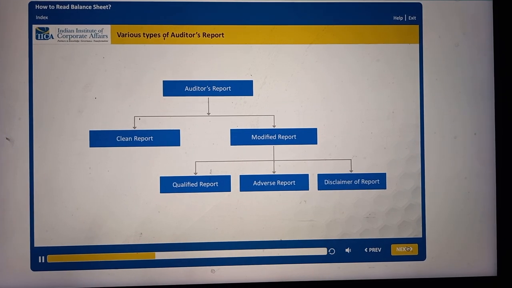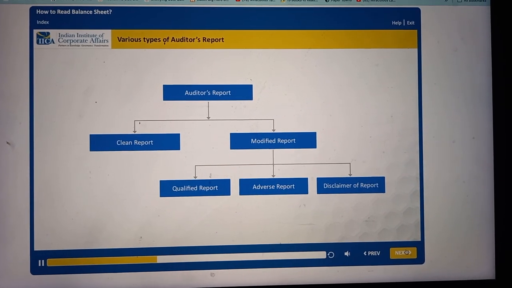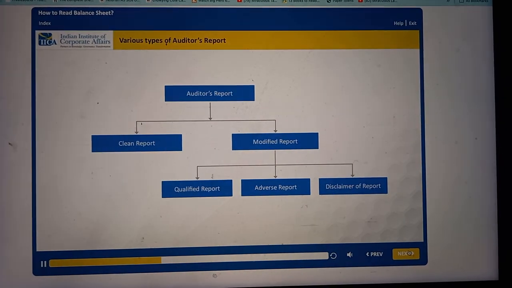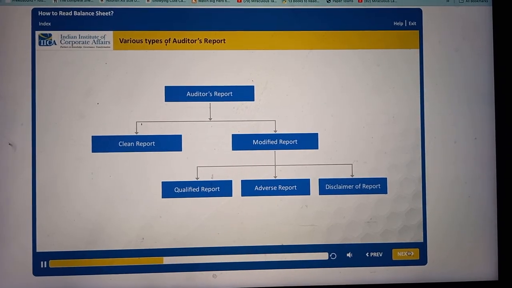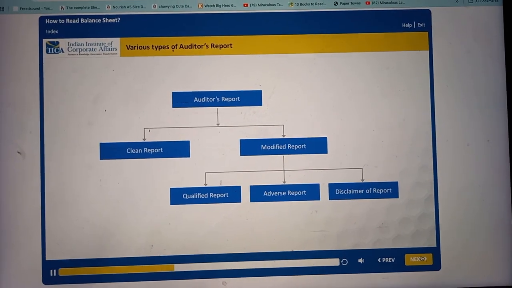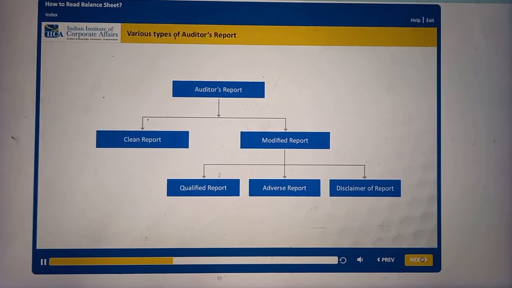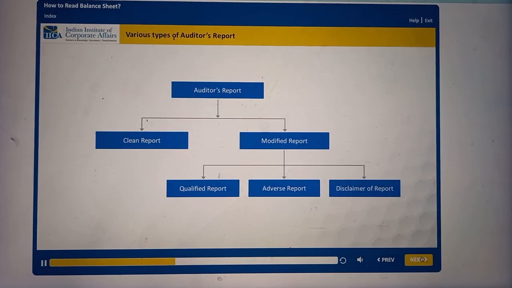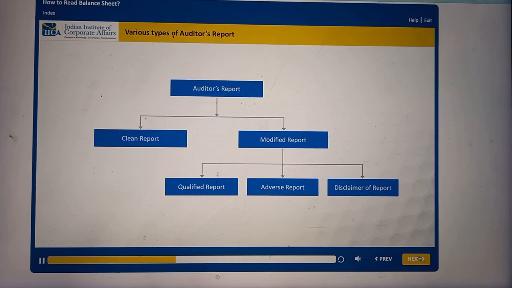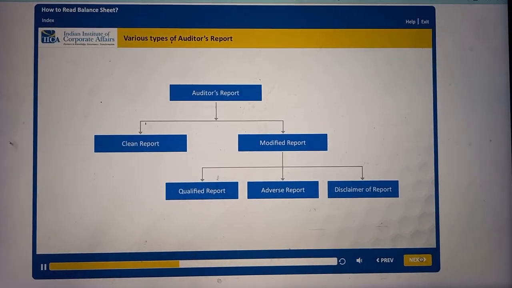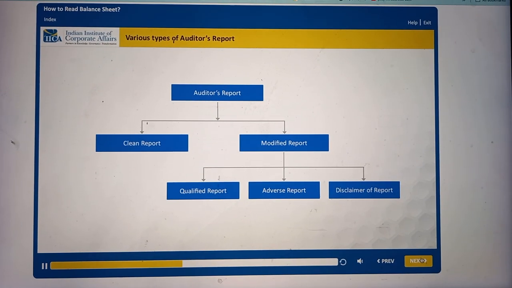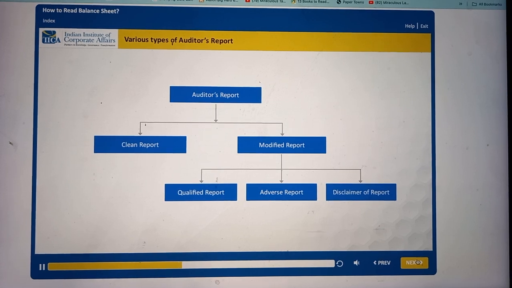So the auditor may come across such a case where the interest is not properly provided. He may issue a qualified report stating that the company has not provided full interest on the loan taken by the company, and therefore to the extent of interest not provided, profit is overstated and liability is accordingly understated in the balance sheet. This is what is known as a qualified opinion.